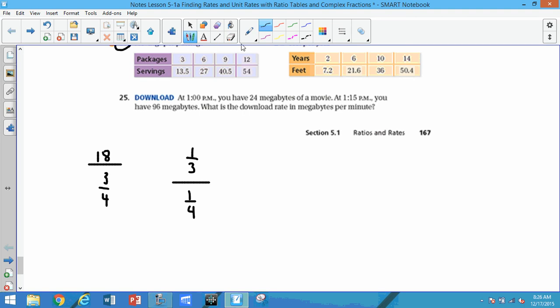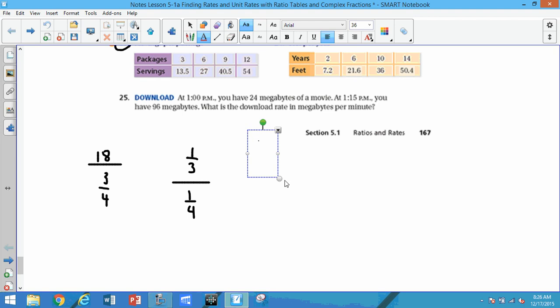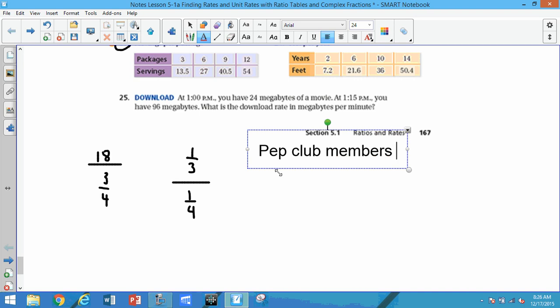And then the fourth is going to be a word problem. Okay, so I'm just going to type it in here. I had it all typed for you. I don't know what happened. The PEP Club members are making spirit buttons.